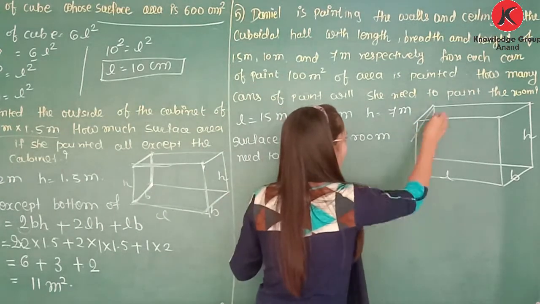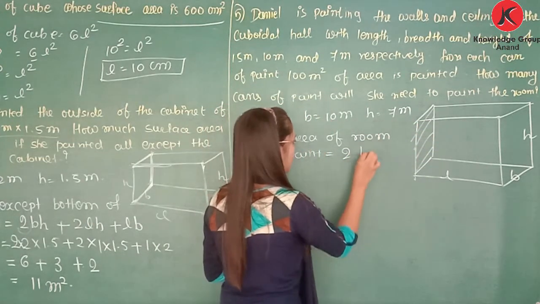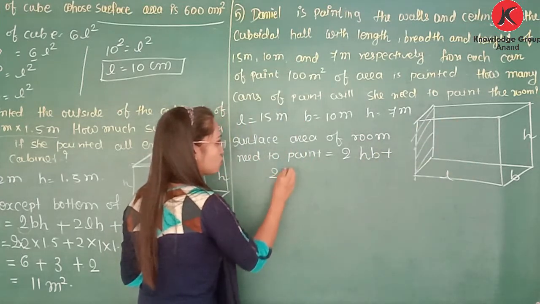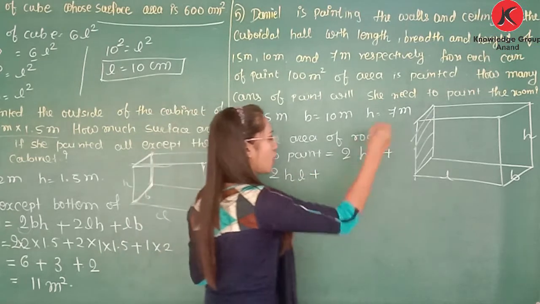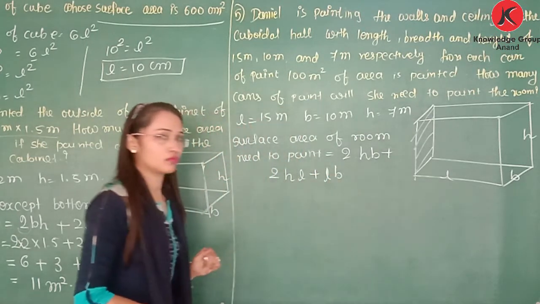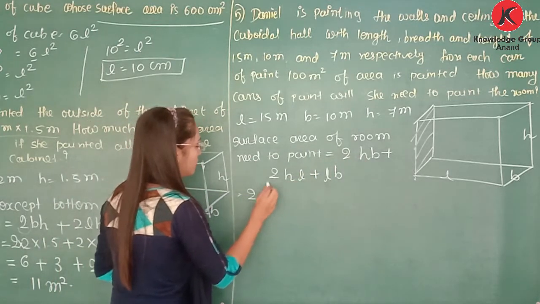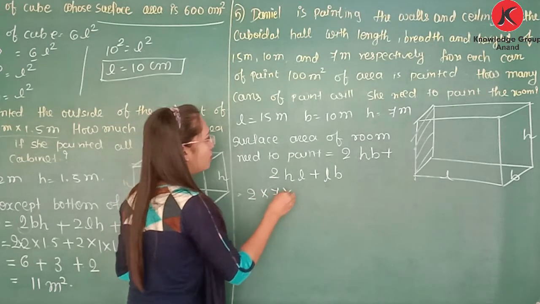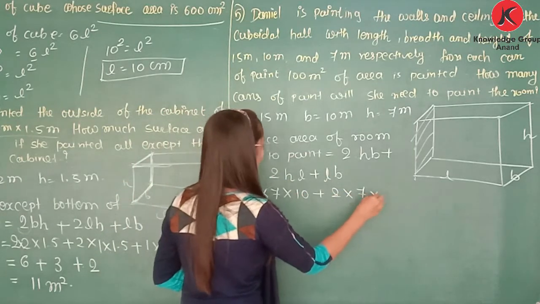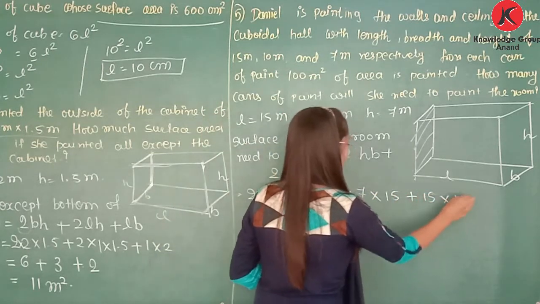So here this one is HB plus front surface and back surface, that is 2HL plus top surface, that is LB. Now write the value. So here 2H is 7 and B is 10 plus 2H is 7, L is 15 and L is 15, B is 10.